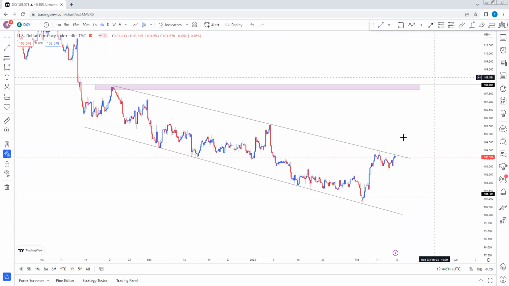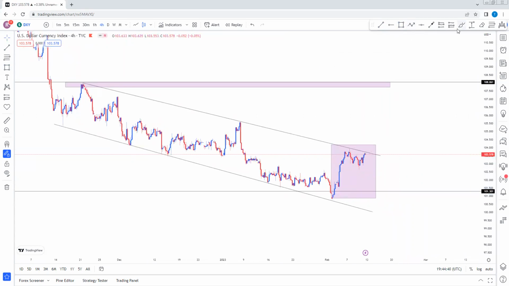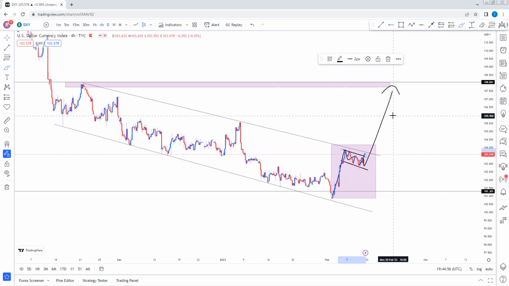Now after this, let's pay attention to the price here. After we got this impulse shoot to the upside, we actually got a correction. Now we're expecting the market to push to the upside: an impulse to the upside, then a correction, and now we're expecting a continuation to the upside.